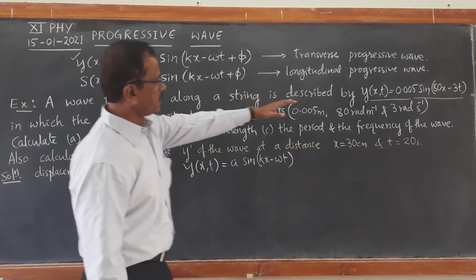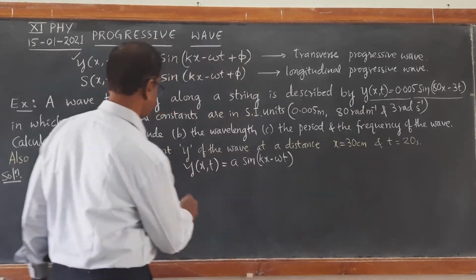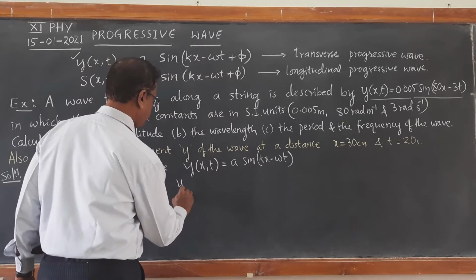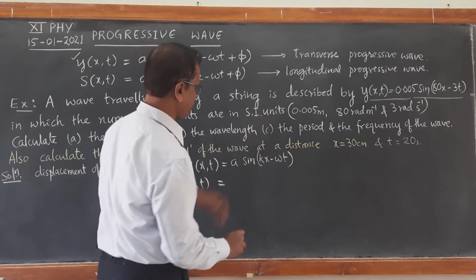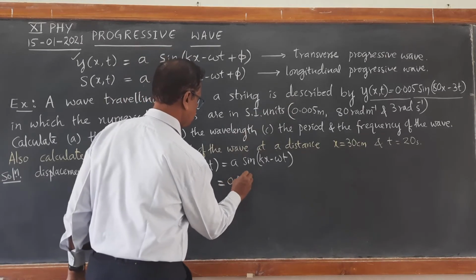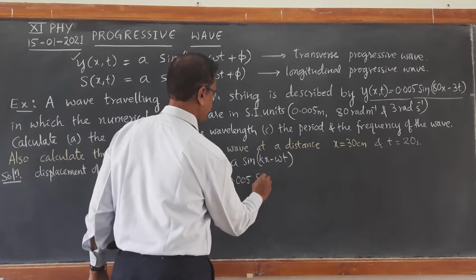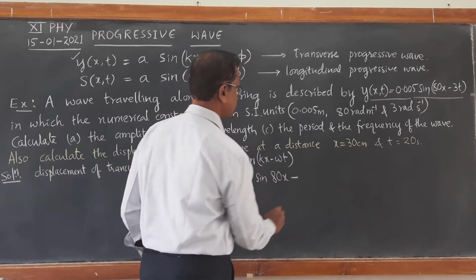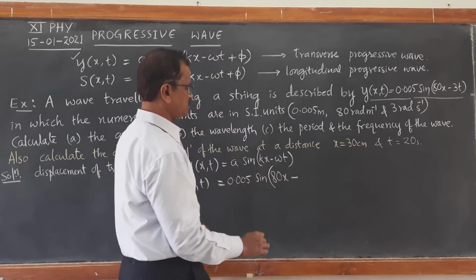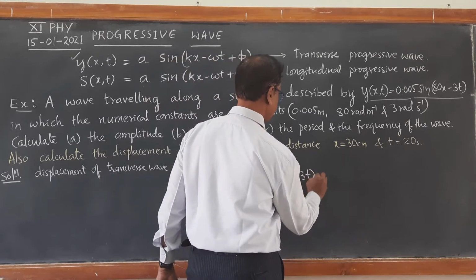Now write the given equation. y(x,t) is equal to 0.005 sin(80x minus 3t).